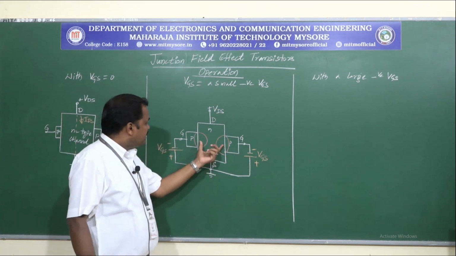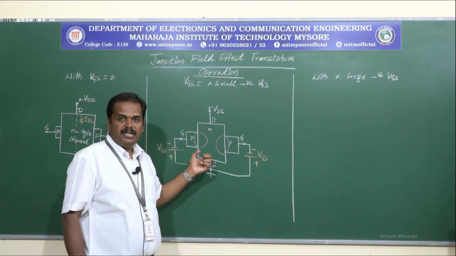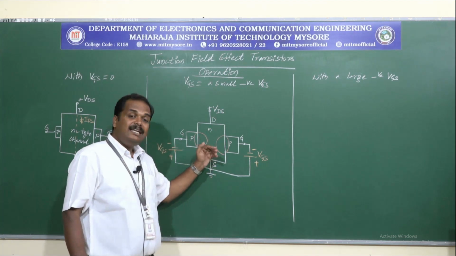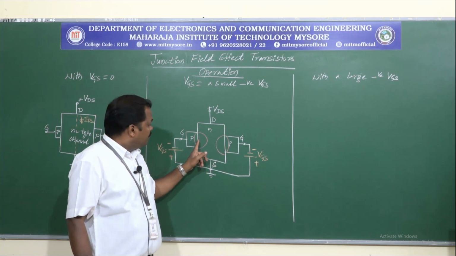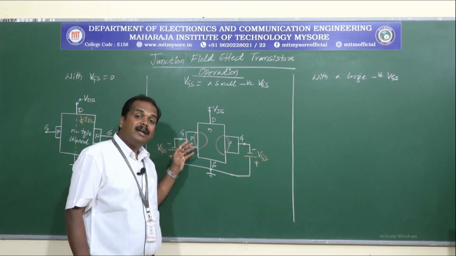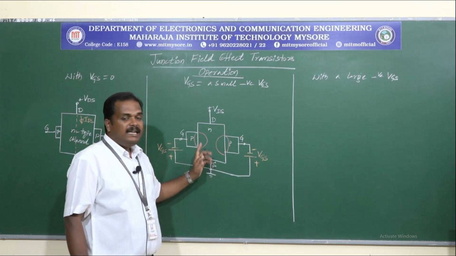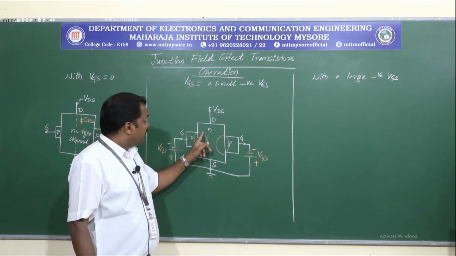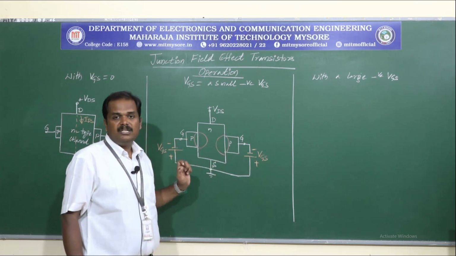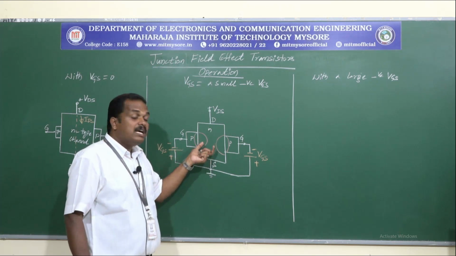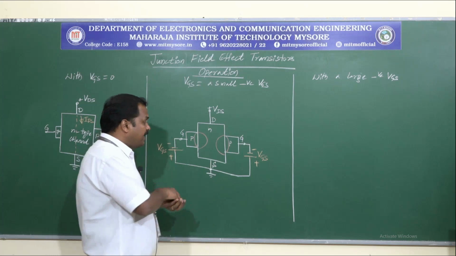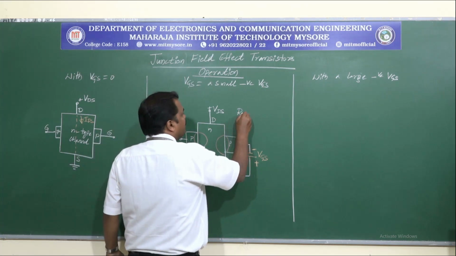So this indicates the depletion region. Because the N channel is lightly doped compared to the P regions, the depletion region penetrates deeper into the N channel region. Now because there is a depletion region penetrated in the N channel region, this will increase the resistance.